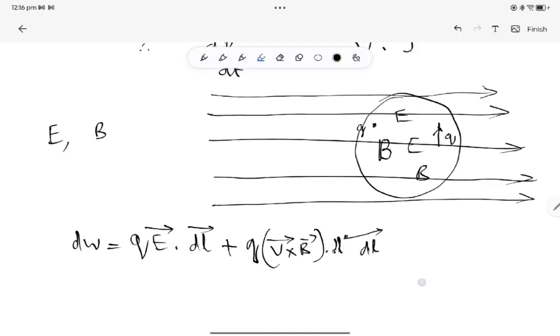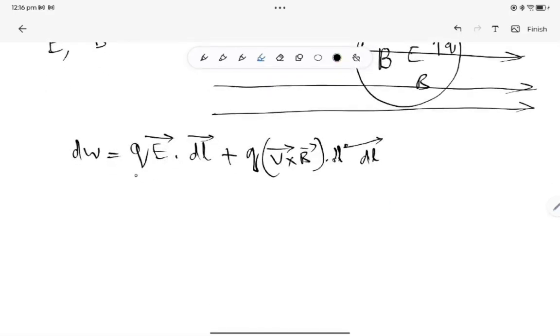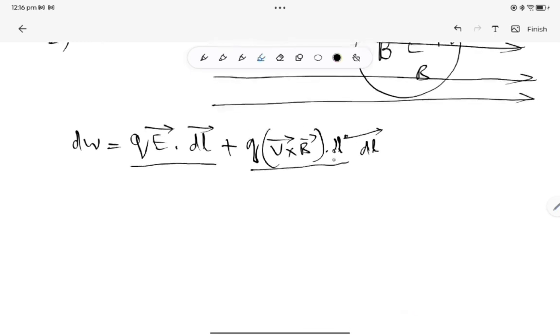Now, it is an interesting fact that the magnetic Lorentz force does not do any work.